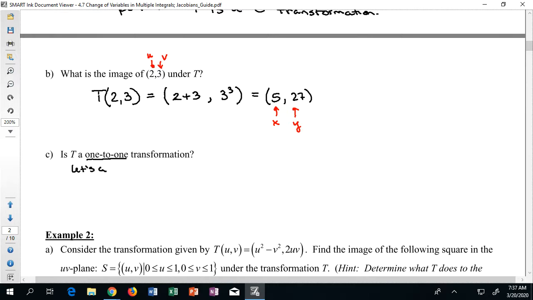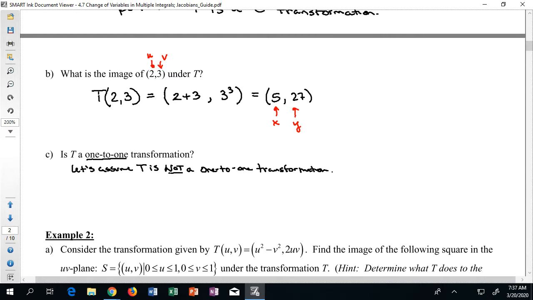I can say, let's assume T is not a one-to-one transformation. I'm going to do this in order to try to reach a contradiction. I'm going to assume that no is the right answer here, and then I'll see if that causes any problems.